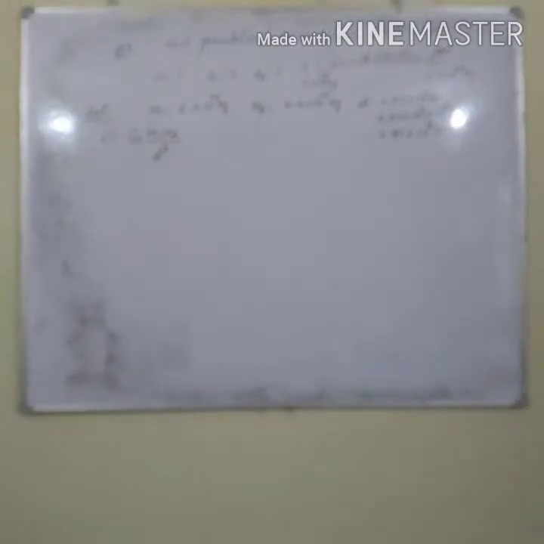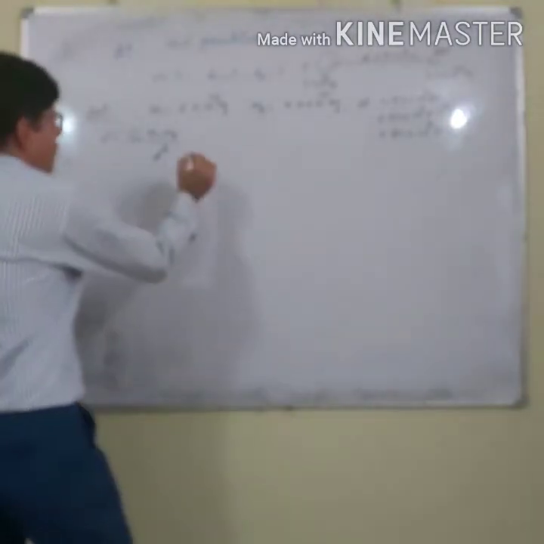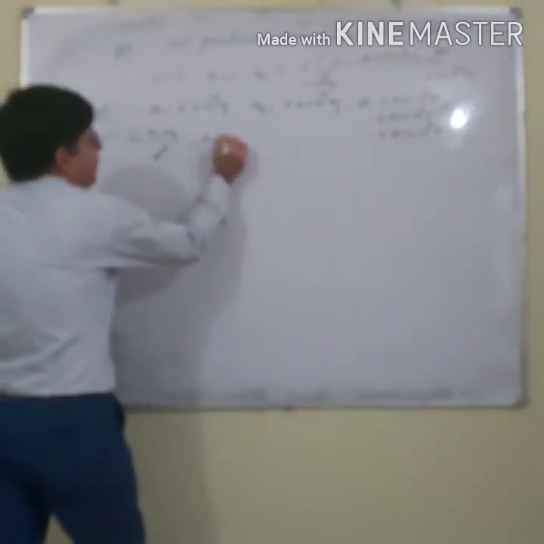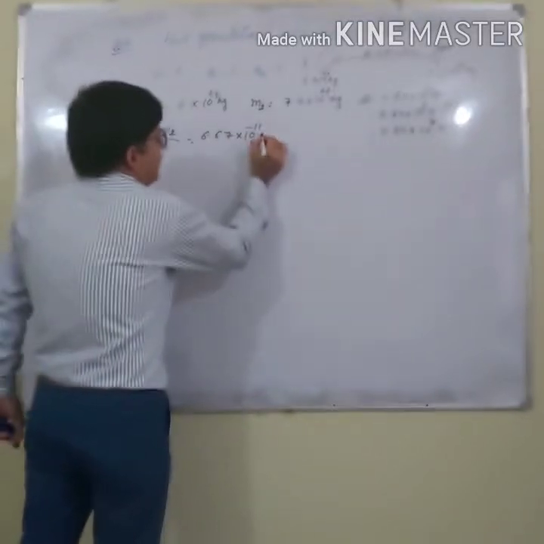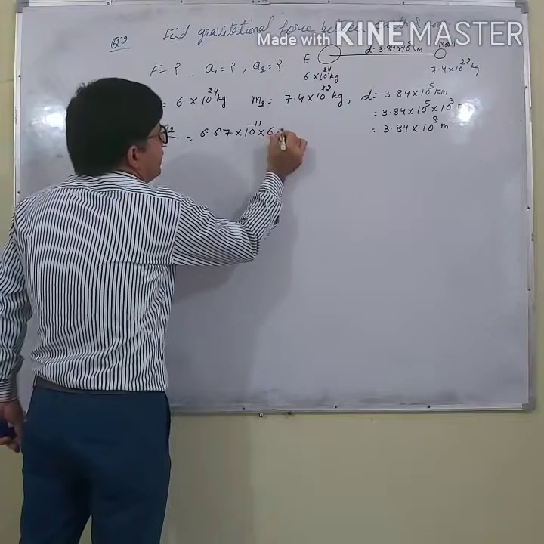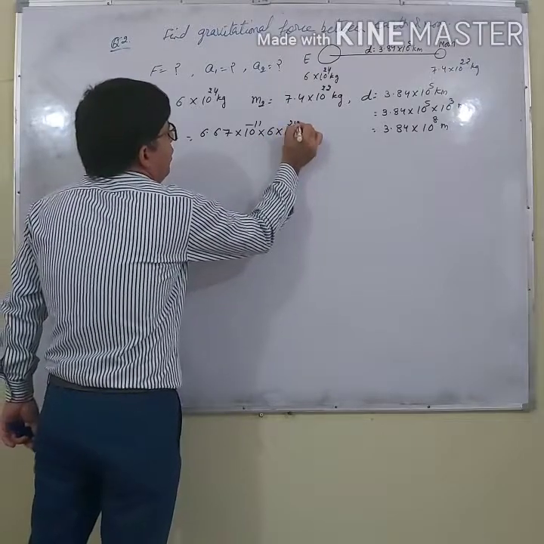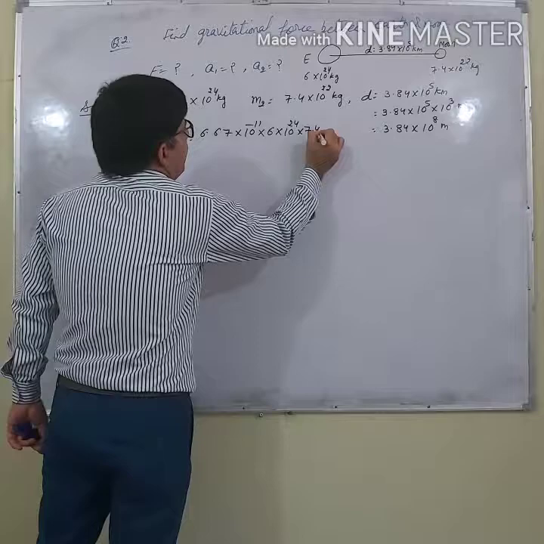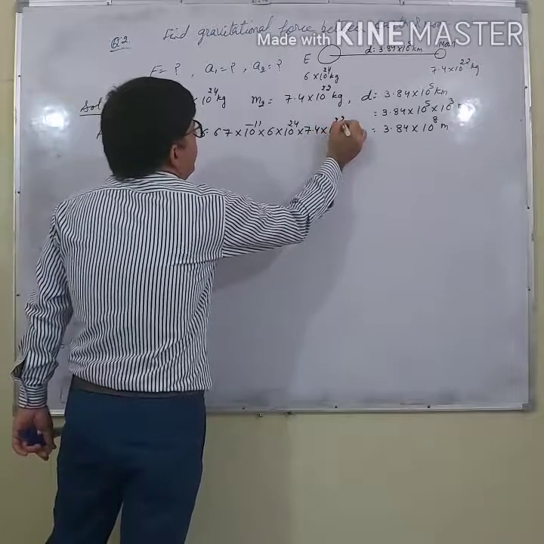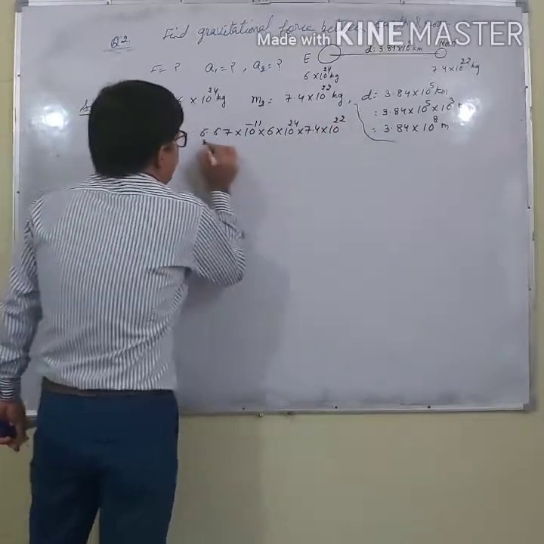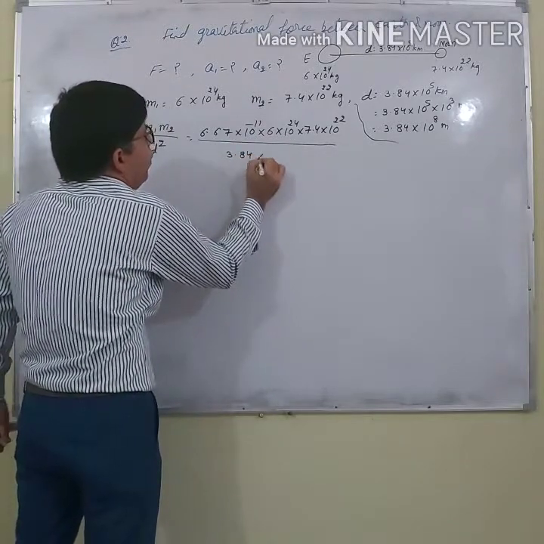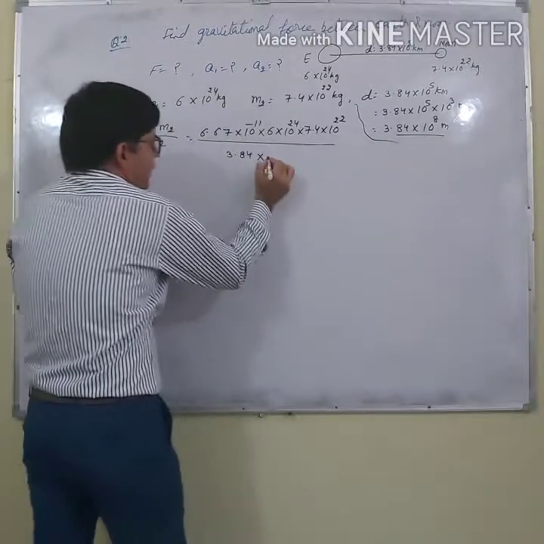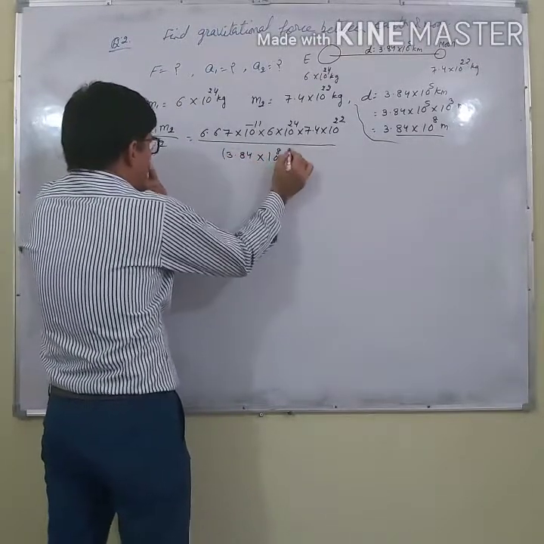Just put in the values of m1 and m2. Also, G is 6.67 × 10^-11, m1 is 6 × 10^24, m2 is 7.4 × 10^22, and the distance is (3.84 × 10^8 meter)².